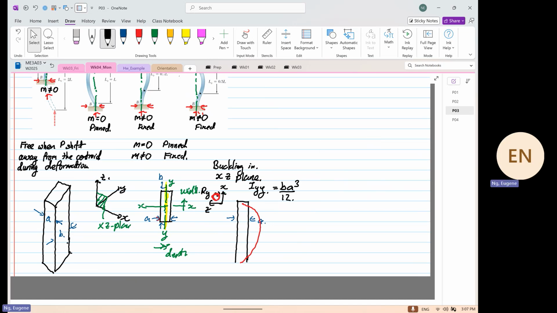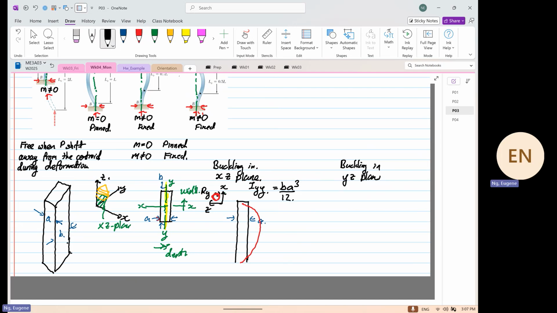So next you consider buckling in what plane now? The next plane we are going to look at is your YZ plane. We are going to look at buckling in the YZ plane.